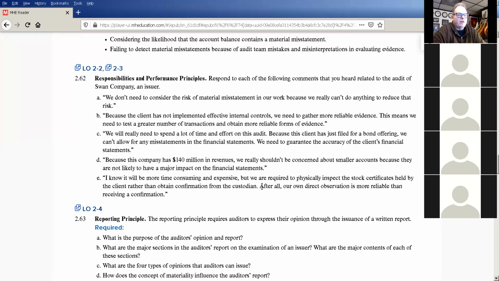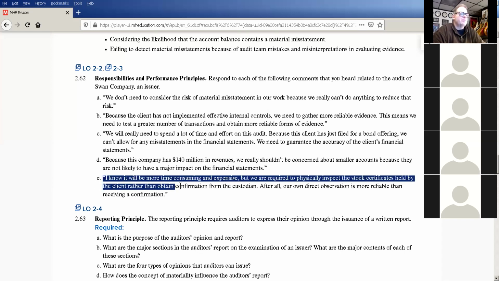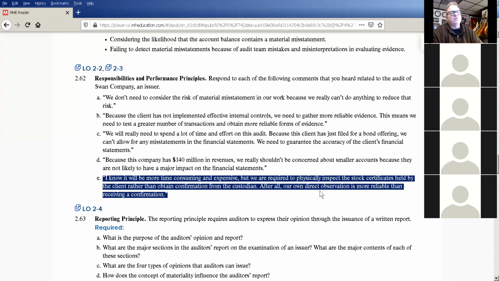If you objectively trust the custodian, that they'll be objective and do their job, it is possible to use that as evidence. So this is one of those judgment calls: whether we need to go inspect the documents themselves, or if we can use a confirmation from a custodian.